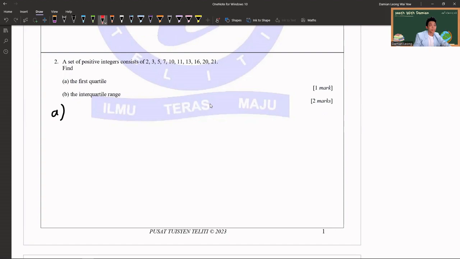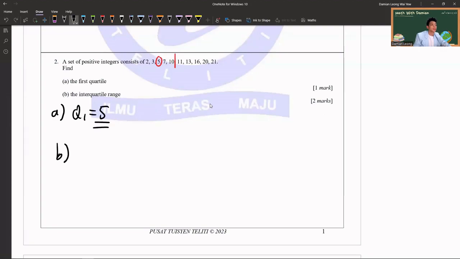So I can just see where the median is, where the middle of these numbers are. There are 10 integers here. So in the middle is here. Below the median, the middle of that is the first quartile. So first quartile is 5.